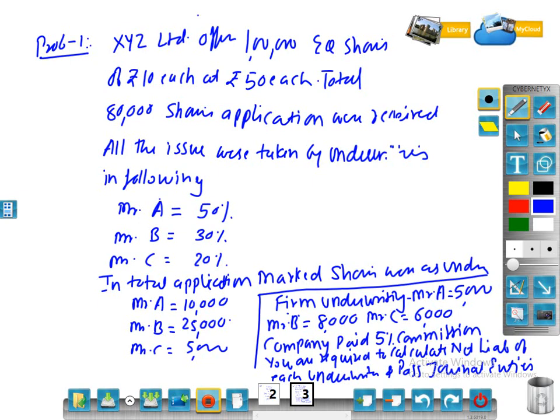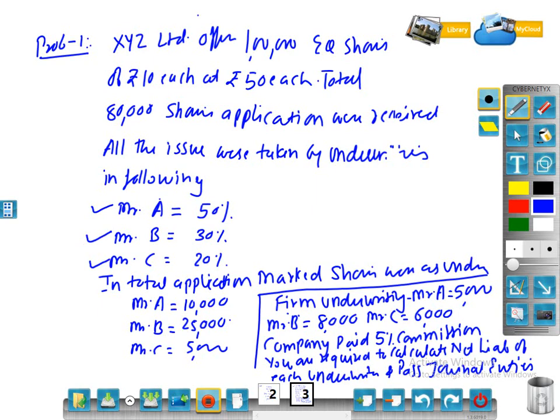All the shares were taken up by underwriters in the following way. So there is an underwriting firm, ready to take the risk 100%, and that risk they have divided among Mr. A 50%, Mr. B 30%, and Mr. C 20%.